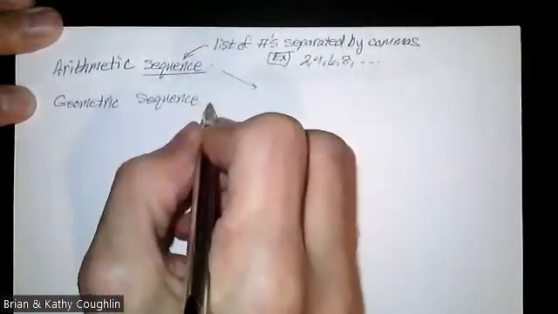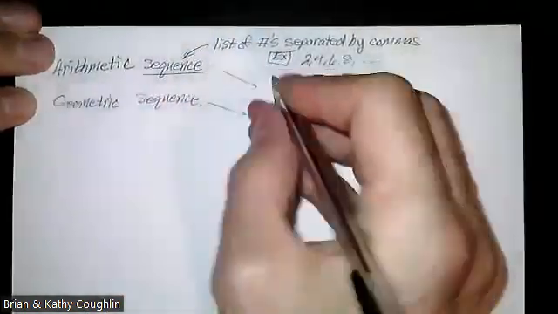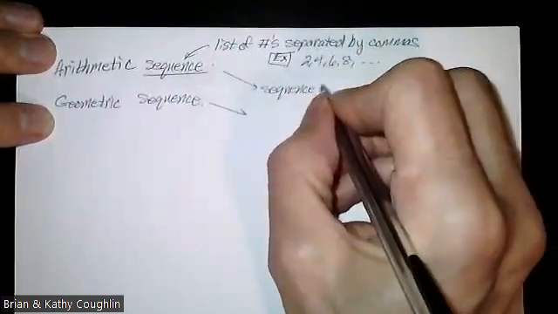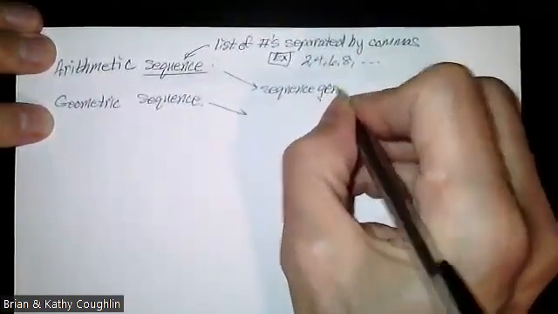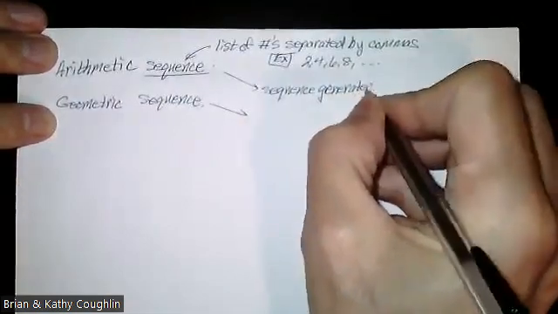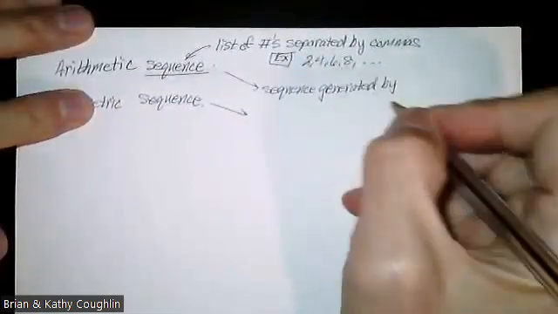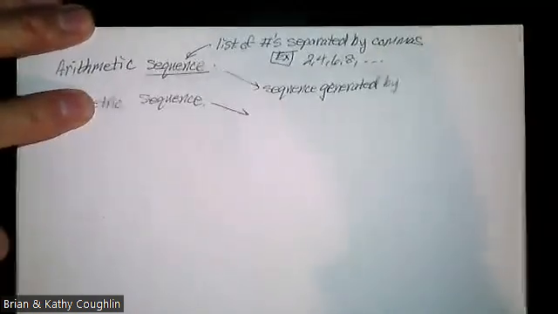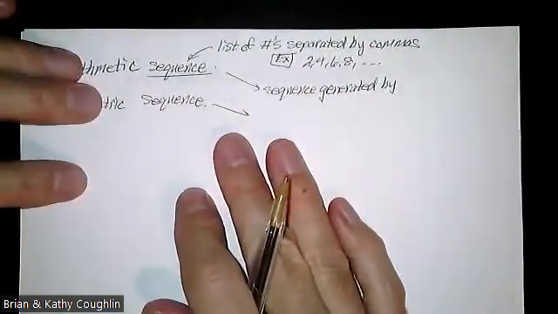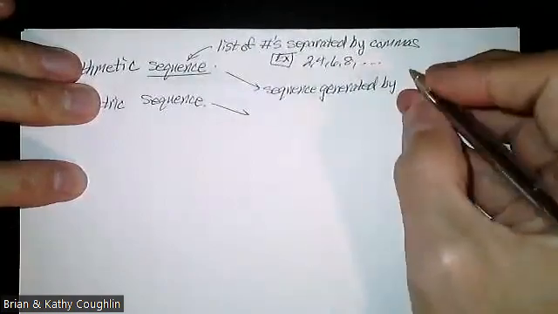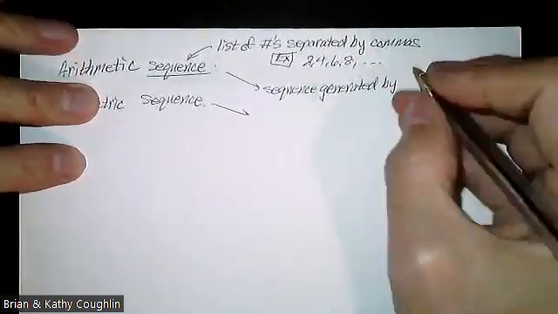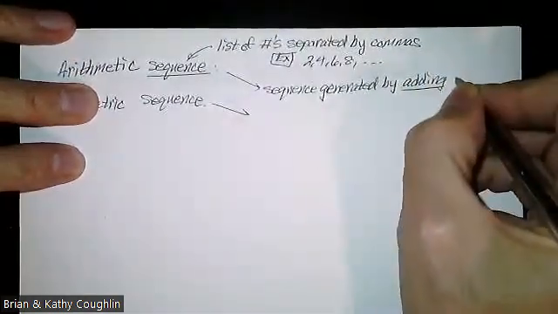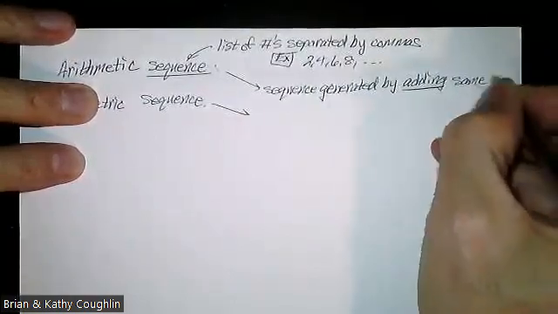An arithmetic sequence is a sequence that is generated by, and generated just means produced by, adding the same number repeatedly.